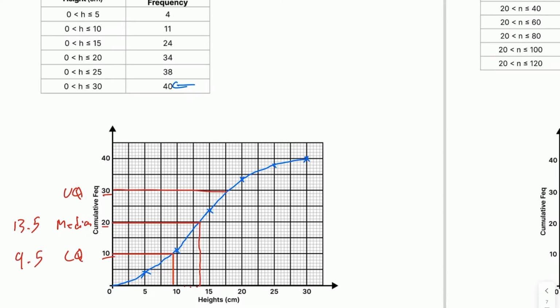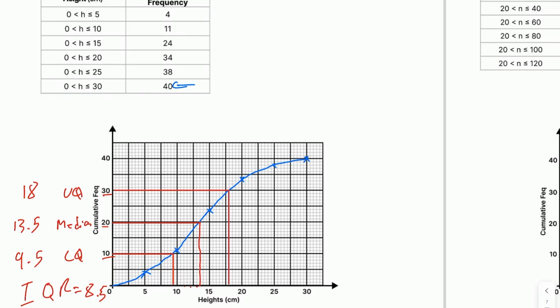And then finally the upper quartile. That reads to me as 16, 17, 18, 18. So then the interquartile range is just going to be the upper quartile, which is 18, take away the lower quartile, which is 9.5. So that gives me 8.5.